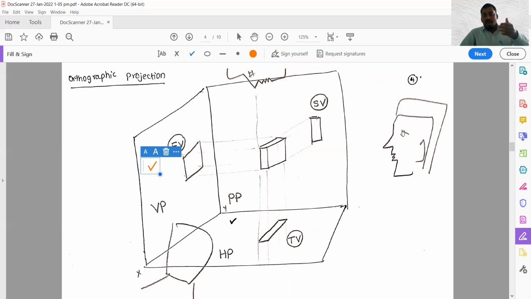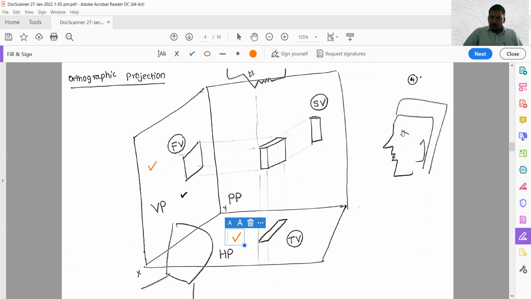Horizontal plane means the plane which is parallel to the earth surface and perpendicular to the vertical plane. So this is the horizontal plane.